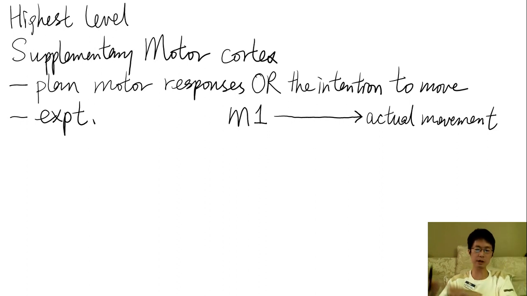Let's say I want to move the fingers, then my M1 will activate and start firing action potentials, go through the cortical spinal tract, go to my right arm, and then my finger will move. How much ahead of time? Approximately 50 milliseconds before the actual movement. So it is pretty fast.